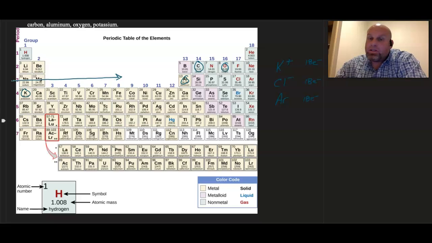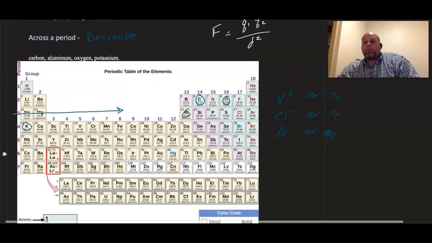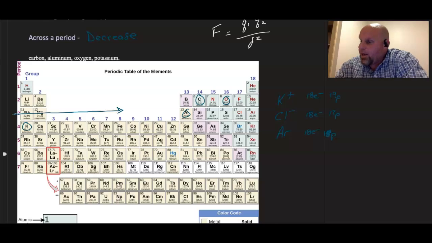Okay, what's different with all of these is their number of protons. So potassium would have 19 protons, chlorine anion would have 17, and the argon atom would have 18. Okay, so now I think this is also where Coulomb's law helps here. If I was looking for the largest atom, well, let's switch it. Let's talk about the smallest size, atomic or ionic.